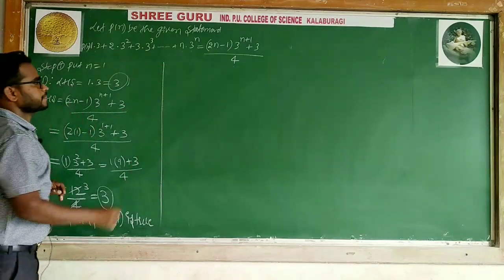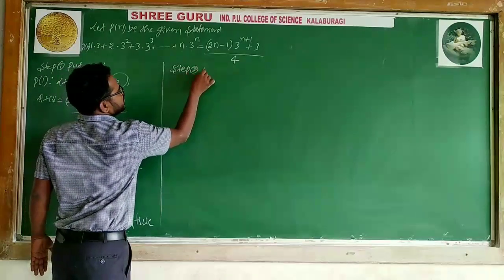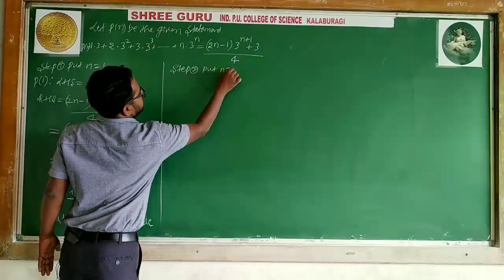Second step. Step 2. Put n is equal to k.